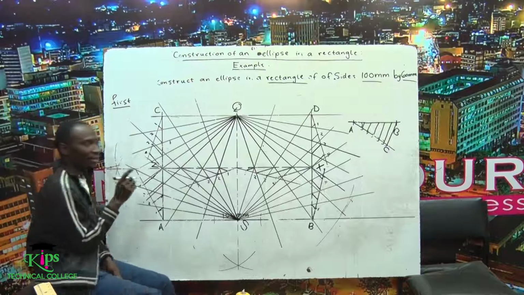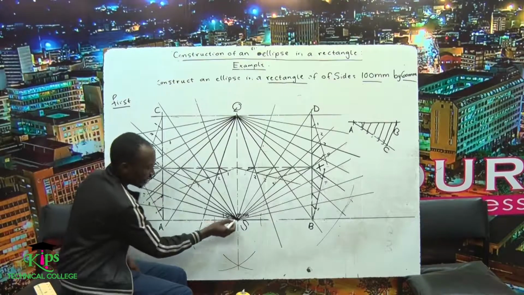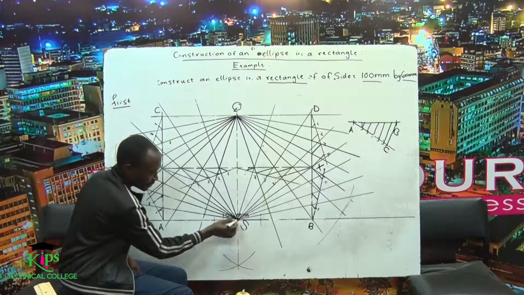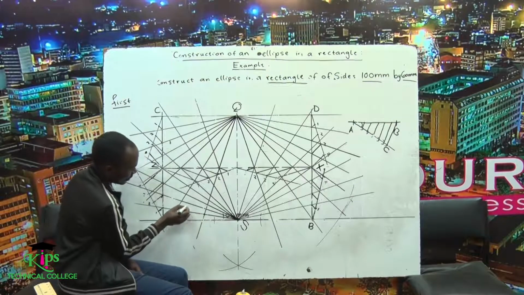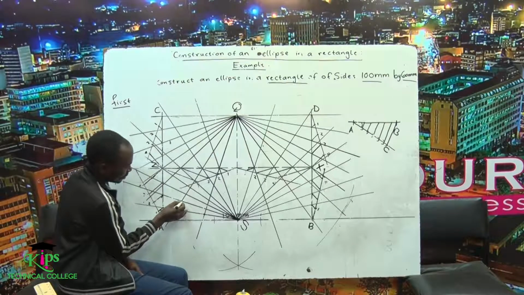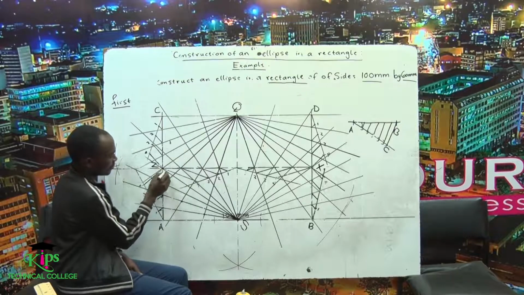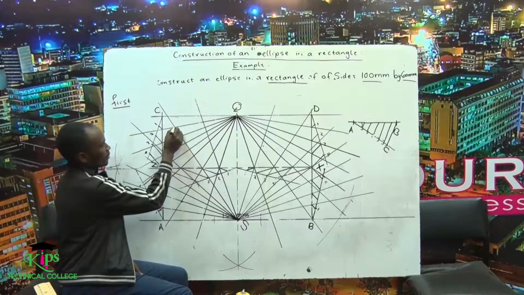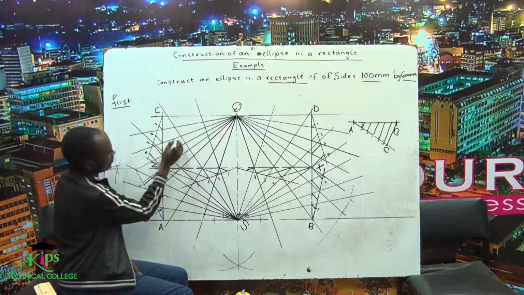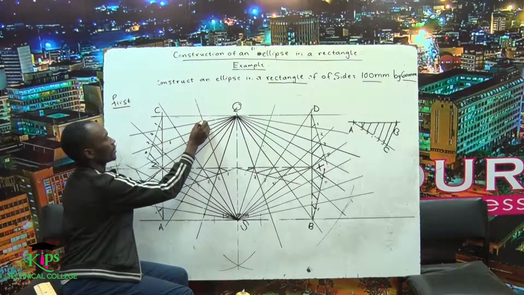Let's now begin with our fair curve to get our ellipse. So let's begin with point S, like this. So this is the first point, second point, third point, fourth point, fifth, sixth, seventh, eighth.